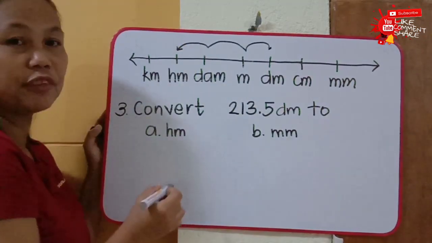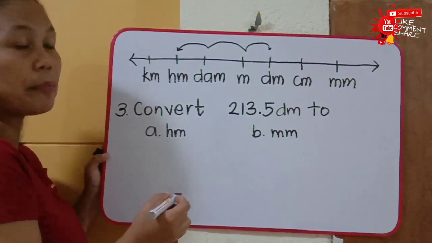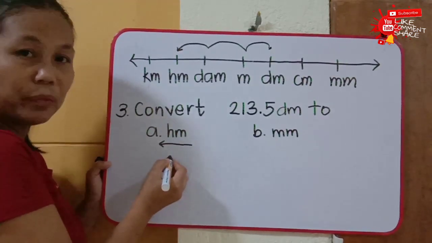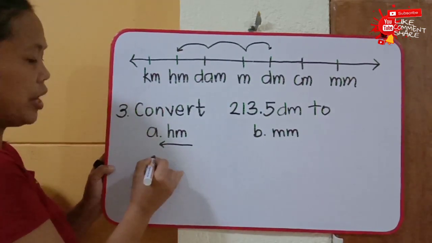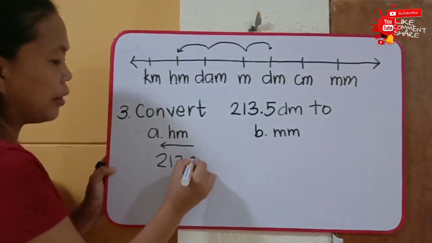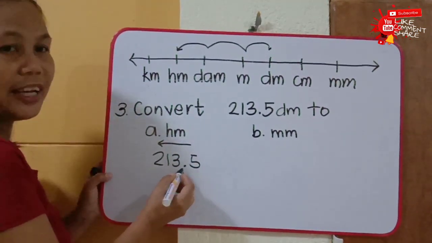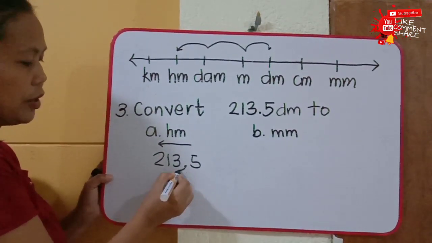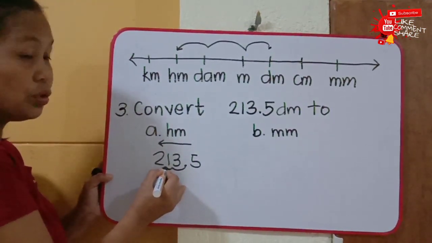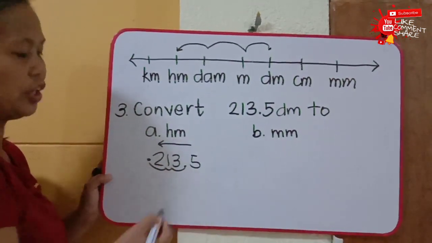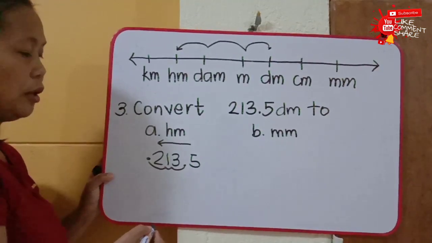So the movement of the decimal point is 3 places to the left. So the direction of the movement is to the left. So we have here 213.5. We have to move the decimal point 3 places to the left. 1, 2, 3. So this will now be the location of the decimal point.